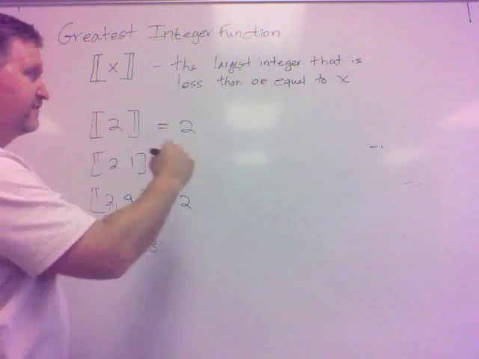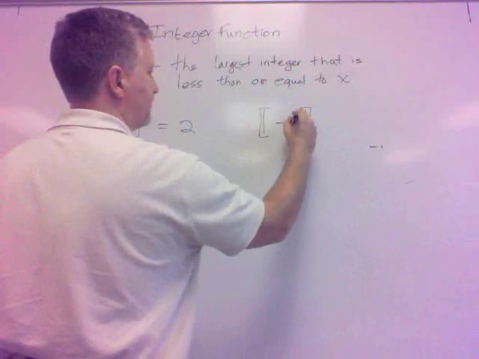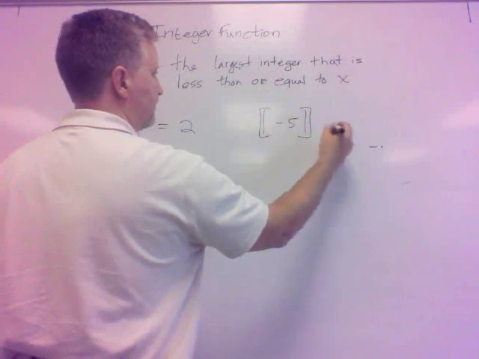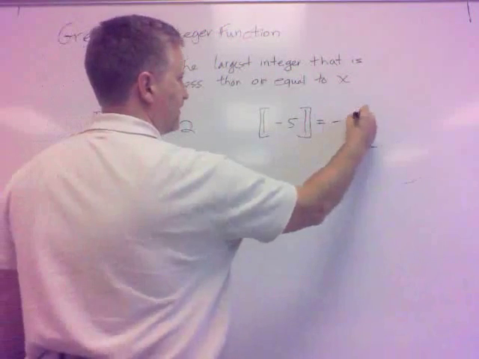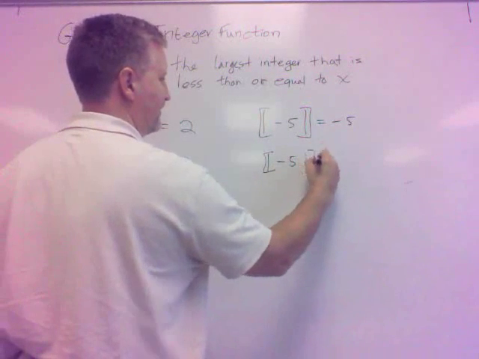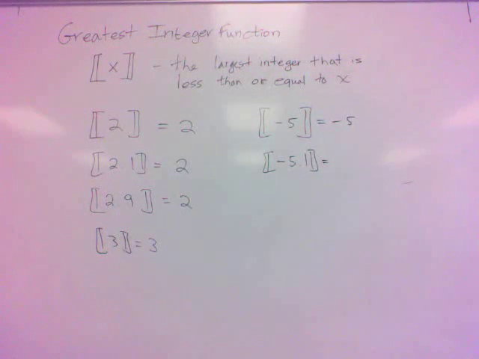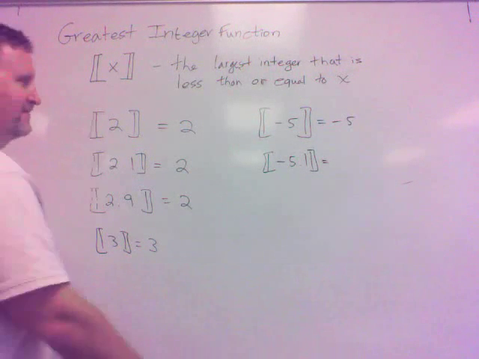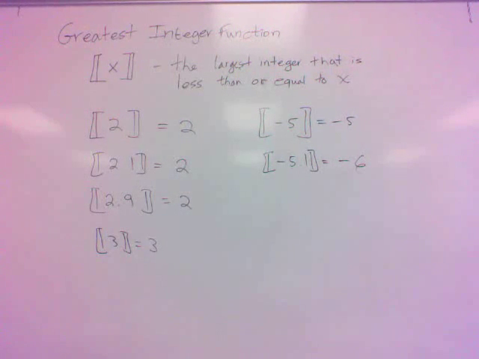Now, be careful on the negative side here. The greatest integer of negative 5 is negative 5, just like you'd hope. But what's the greatest integer of negative 5.1? Is it negative 4? Is it negative 5? It's negative 6, yes. Why?